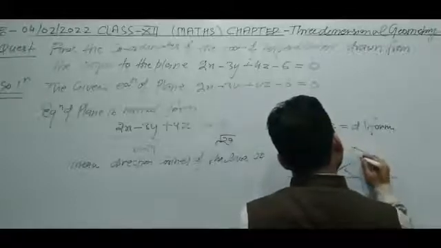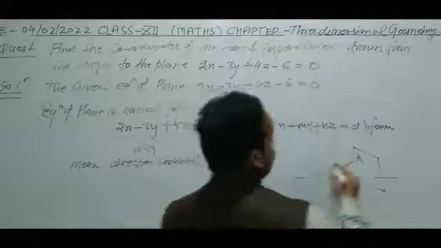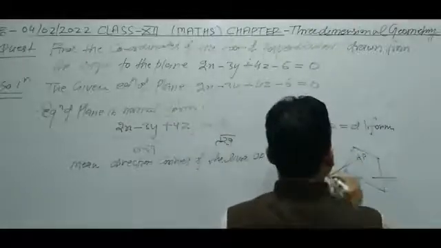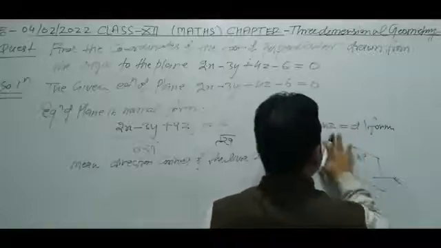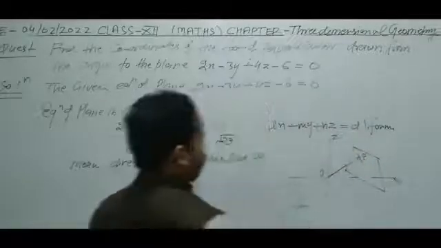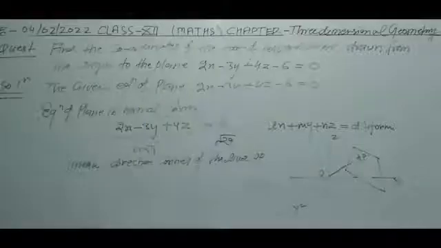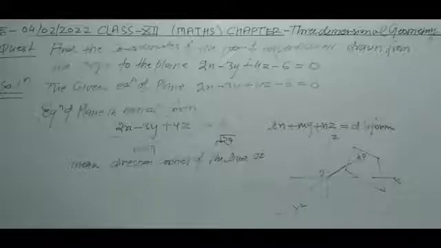This is the perpendicular, this is the OP, with the X, Y and Z axes. And you know the direction cosines of the line, and we have to find the coordinates of the point, or coordinates of the foot of the perpendicular drawn from the origin to this plane.